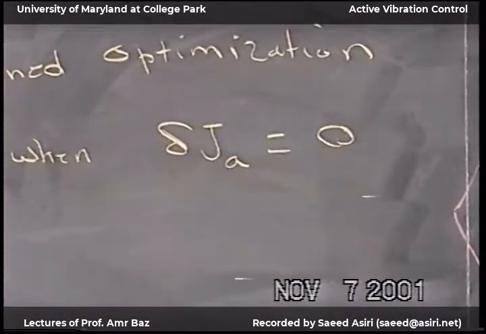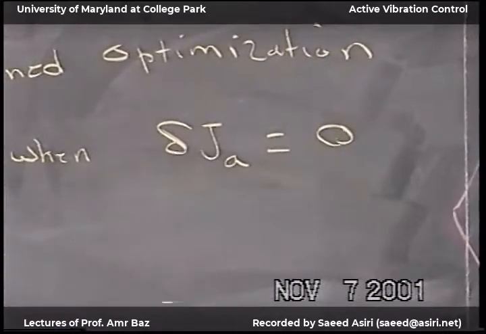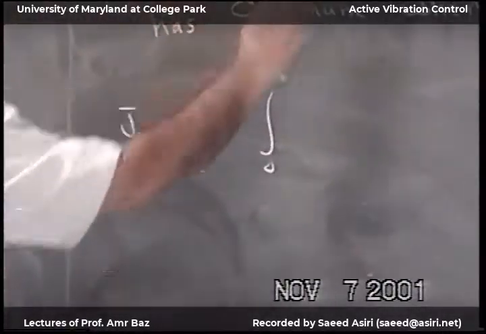Now we have J augmented equal to the trace of the integral, and then I'll replace y from here.